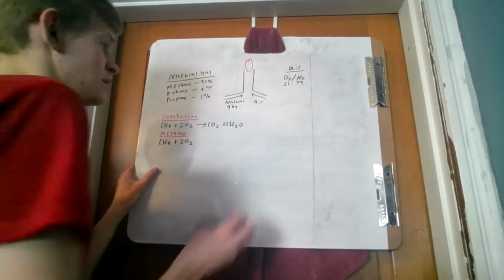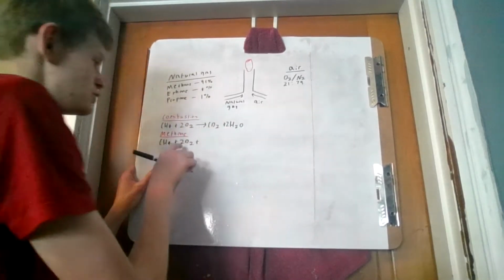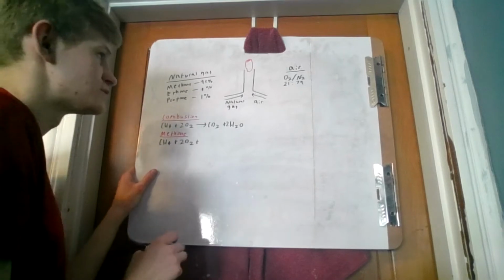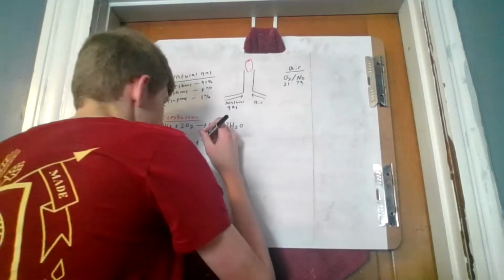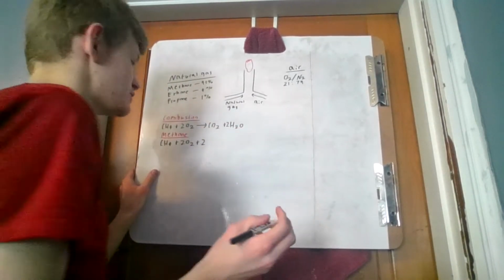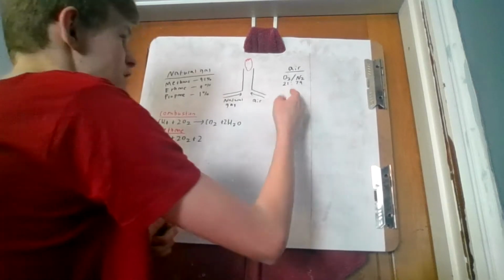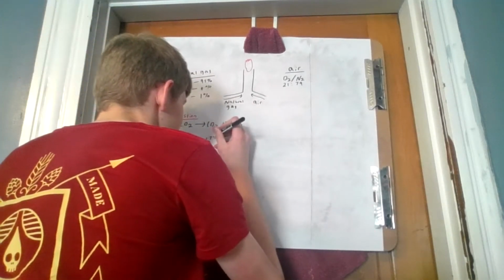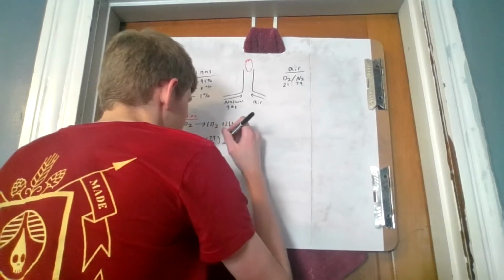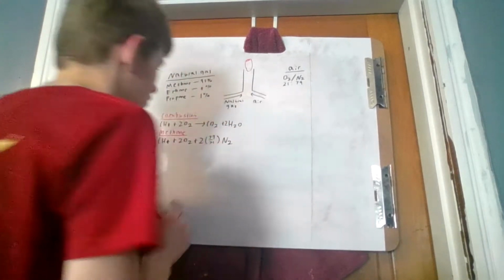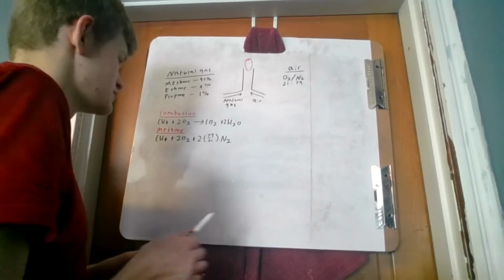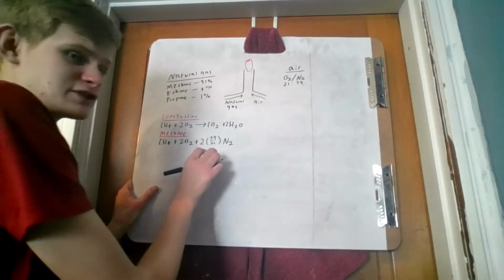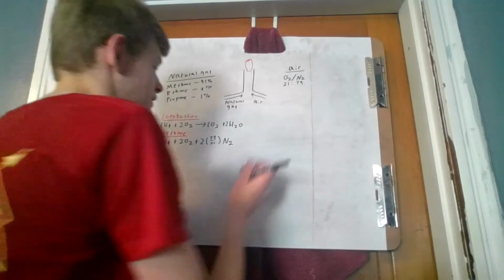And then, since we have two molecules of oxygen being put in, we also know that 2 of our nitrogen is going to be put in, but we need to include this ratio up here. So we need to include 79 over 21, our ratio of nitrogen to oxygen, in this. So this is the left side of the equation, our reactants that we're putting in.